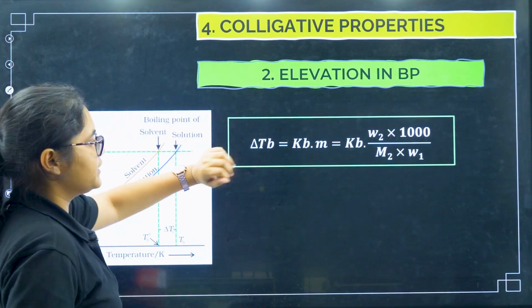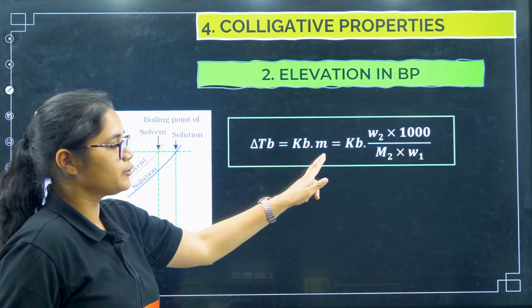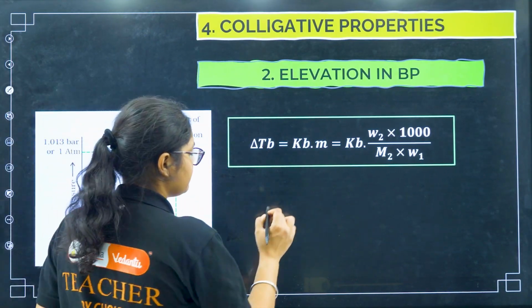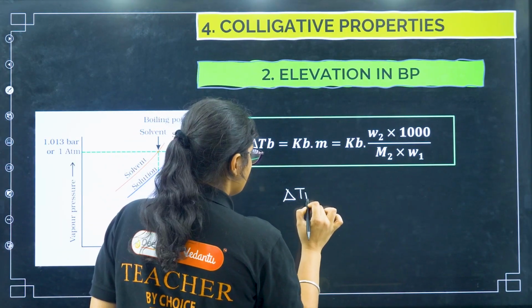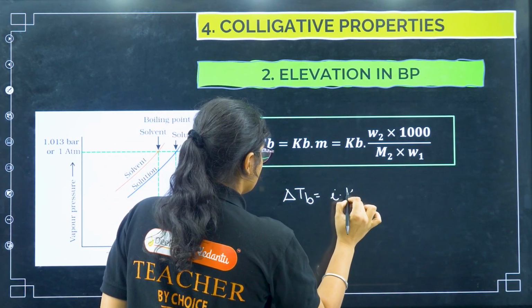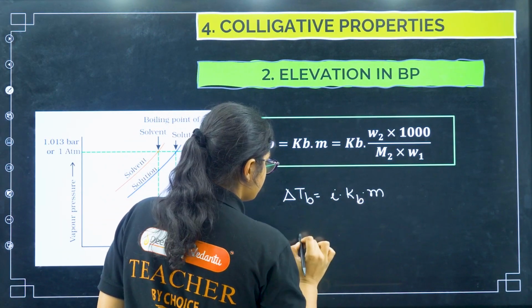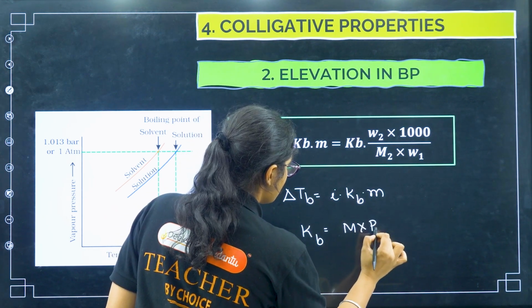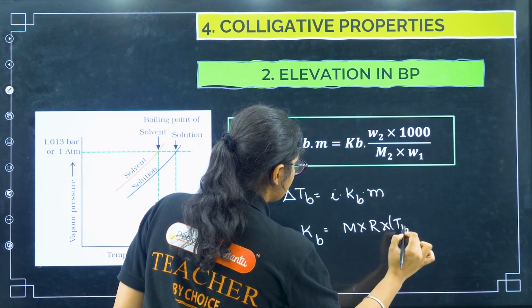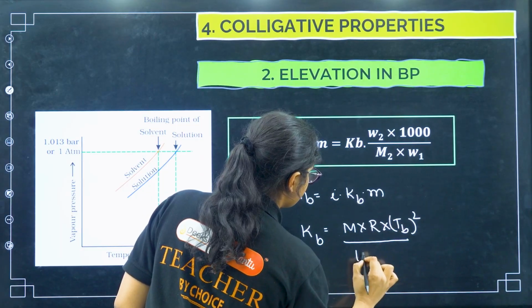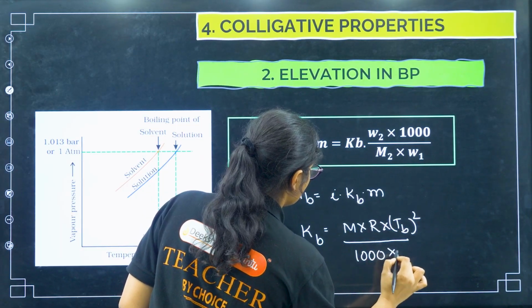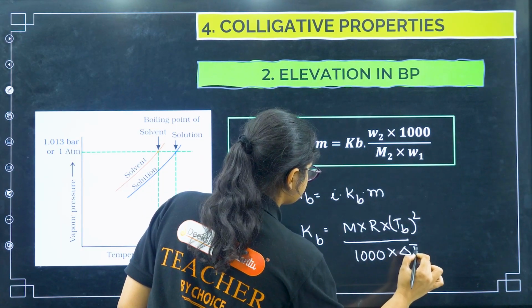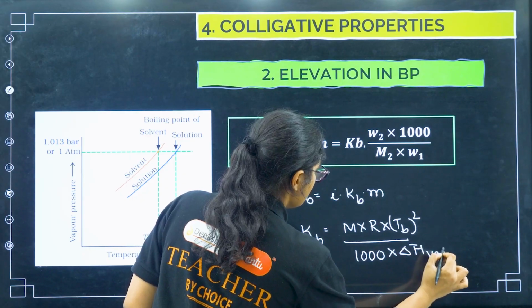Next, elevation in boiling point: delta TB is equal to KB into m. If it is an electrolyte solute, then delta TB will be equal to i into KB into m, and KB will also be equal to molar mass into R into TB square divided by 1000 into delta H vaporization.